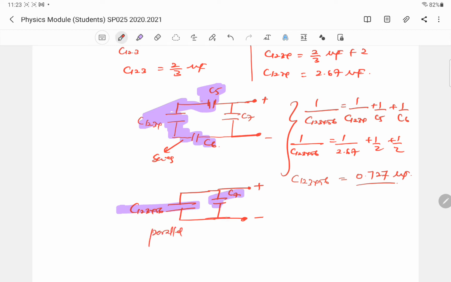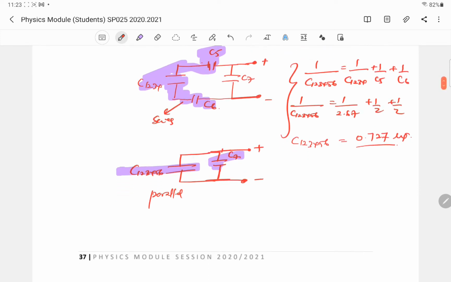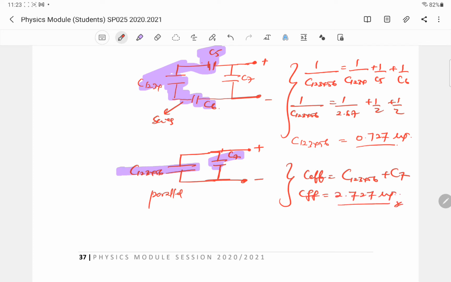Kenapa parallel? Sebab kita nampak dia ada junction. So bila connected in parallel, last kali kita ada C efektif ikut tu, C123456 plus dengan C7. So C efektif akan jadi 2.727 microfarad. Okay, that's all.